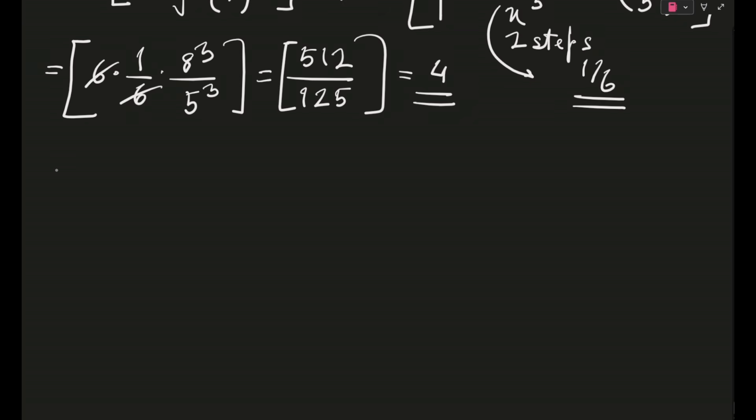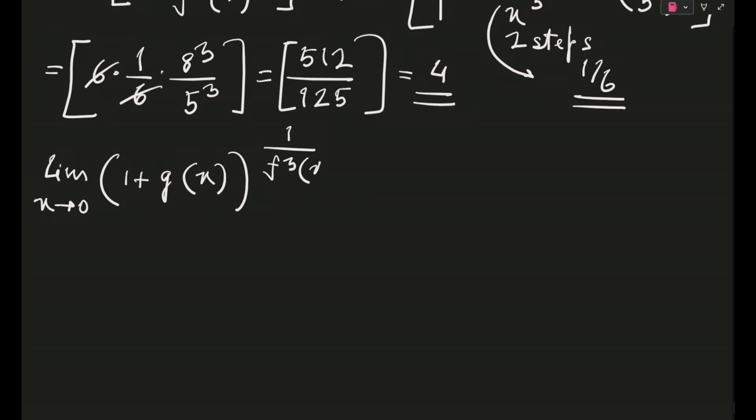And the second part that is given is limit of x tending to 0, 1 plus g of x power 1 by f cubed x. Okay, so this is a little bit giving a feeling of 1 power infinity. Anyways, let's see.